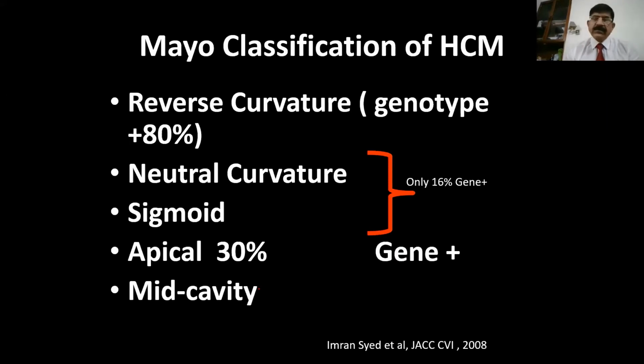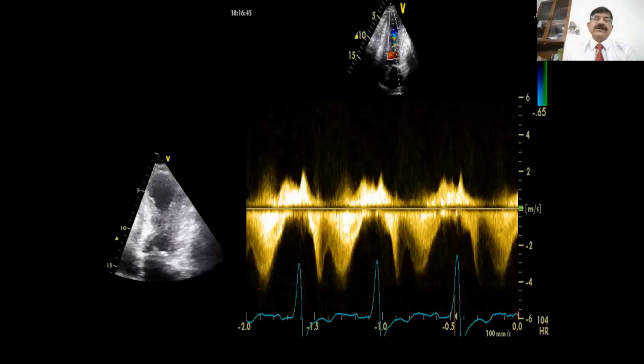Now, there is some reason for this classification. Neutral curvature and sigmoid are genotype positive only in 16%, while apical is genotype positive in 30%, and reverse curvature is genotype positive in 80% of cases. So this classification seems to be more reasonable for us to use.